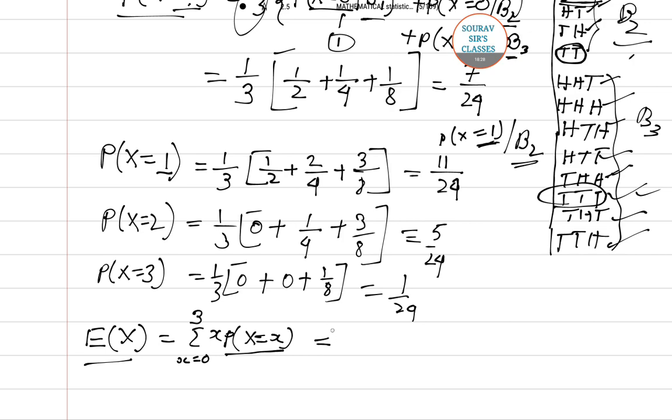Now this way, when x equals to 1, we have found the probability to be 11 by 24.